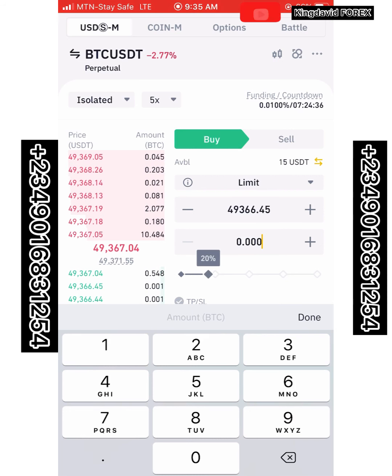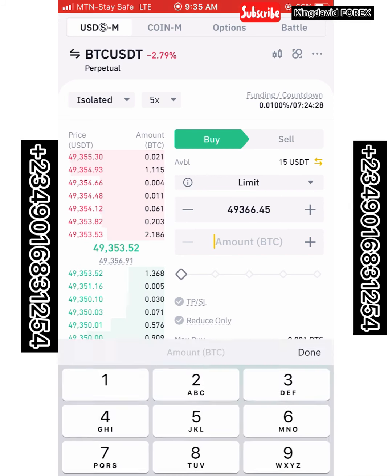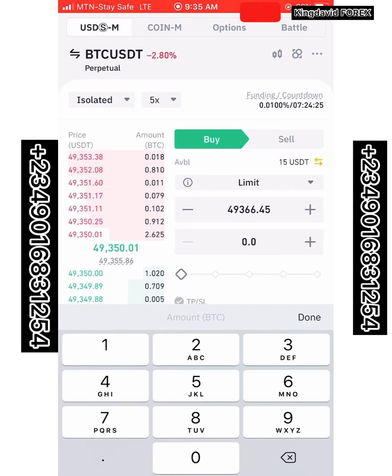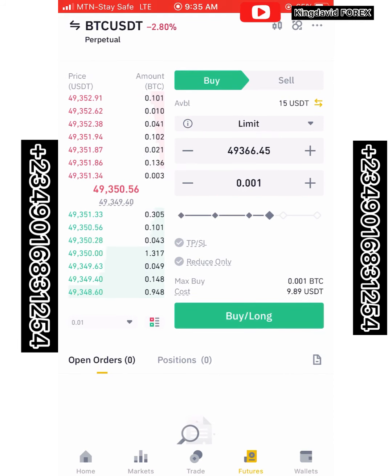Let's say I want to buy 0.01. I can also put it manually. I think the least I can get is 0.01, and in this aspect, it is going to cost me 9.88 USDT.